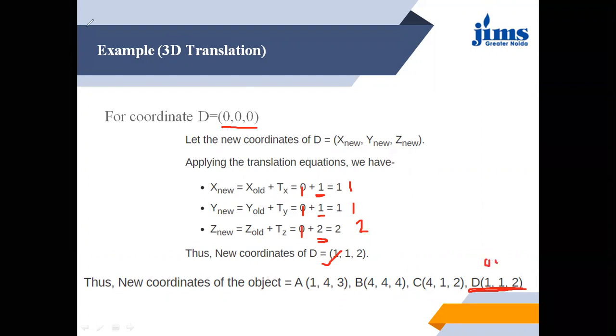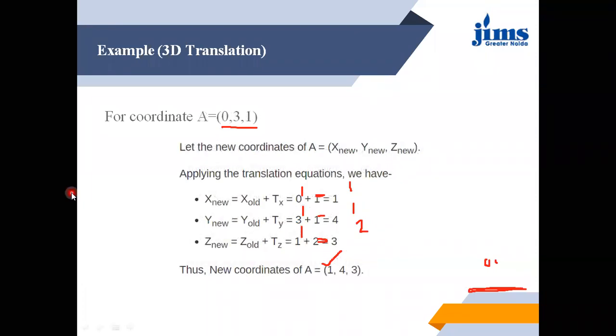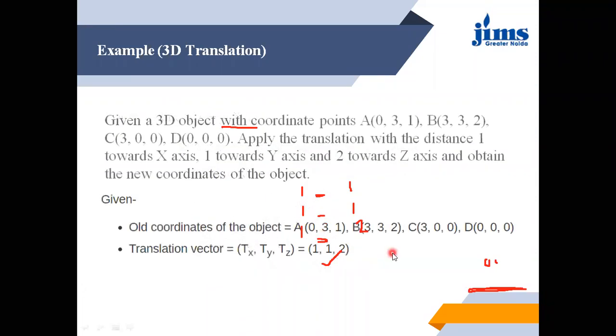You can see from the last slide, from the original values: A is 0, 3, 1, B is 3, 3, 2, C is 3, 0, 0, D is 0, 0, 0. With the translation in the x direction tx equals 1, ty equals 1, tz equals 2.